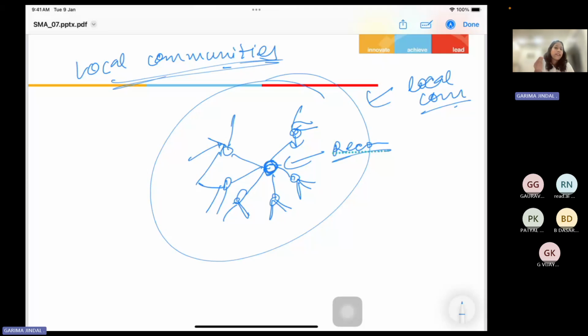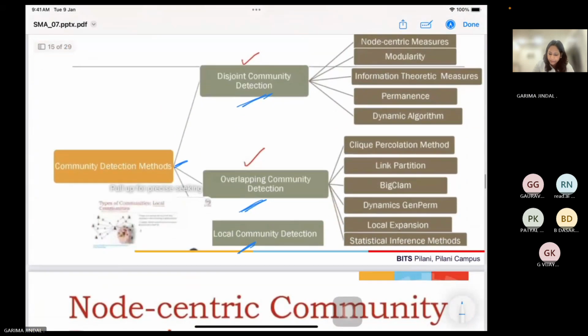A local community is when you consider a node, then its neighbors, then the neighbors of neighbors, and so on. When you study the properties of these neighbors and neighbors of neighbors, that is called local communities.